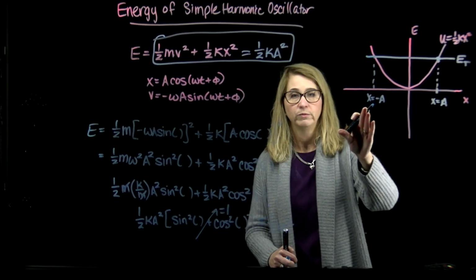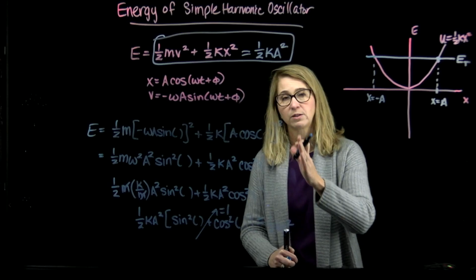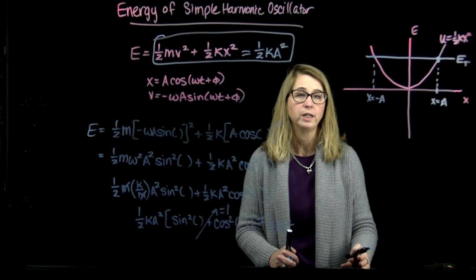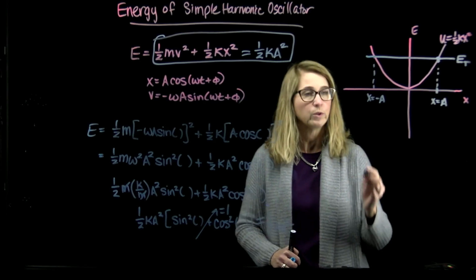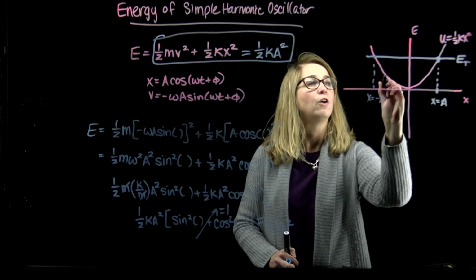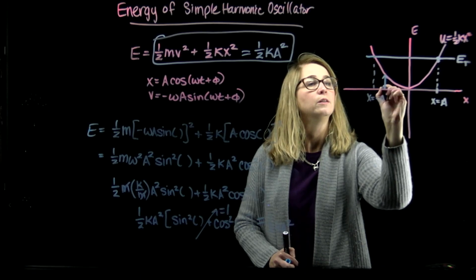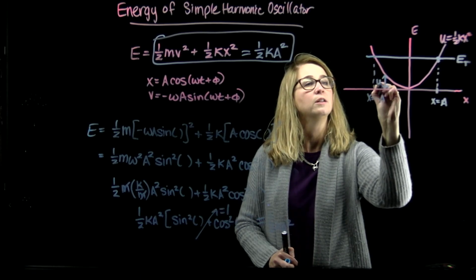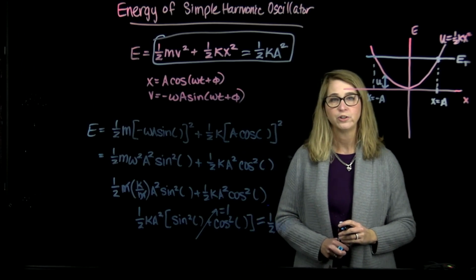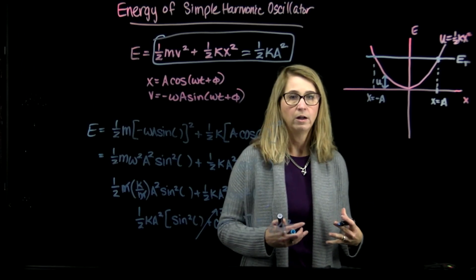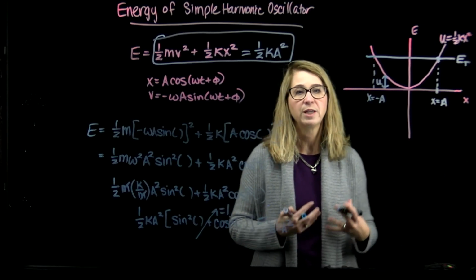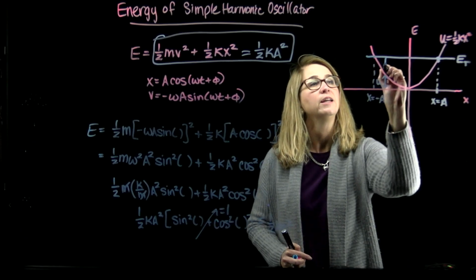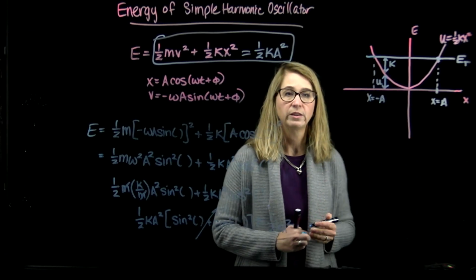And same thing here, when it's at its maximum compression, all of its energy is in potential energy. If we think about that, then from the horizontal axis to our potential energy function, anywhere on this graph between these two turning points would represent the amount of potential energy it has, and then the difference between that and the total energy would represent the kinetic energy.